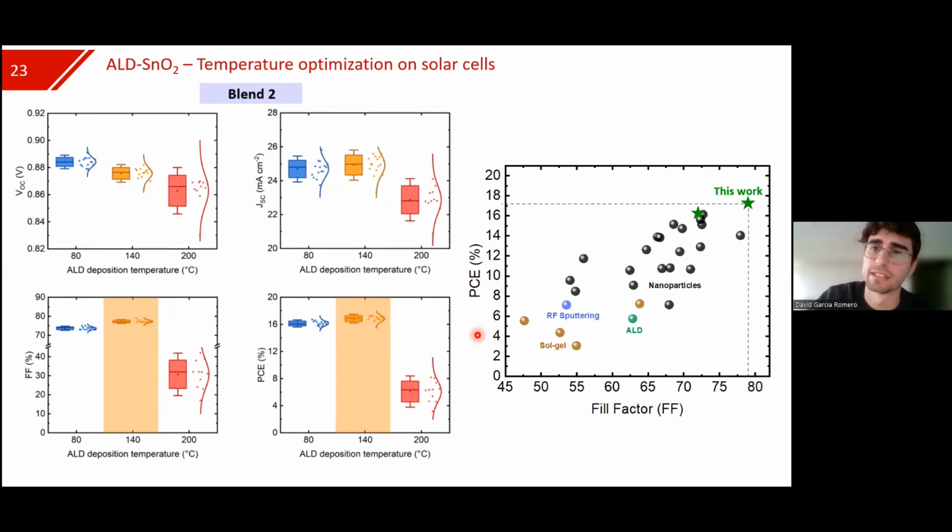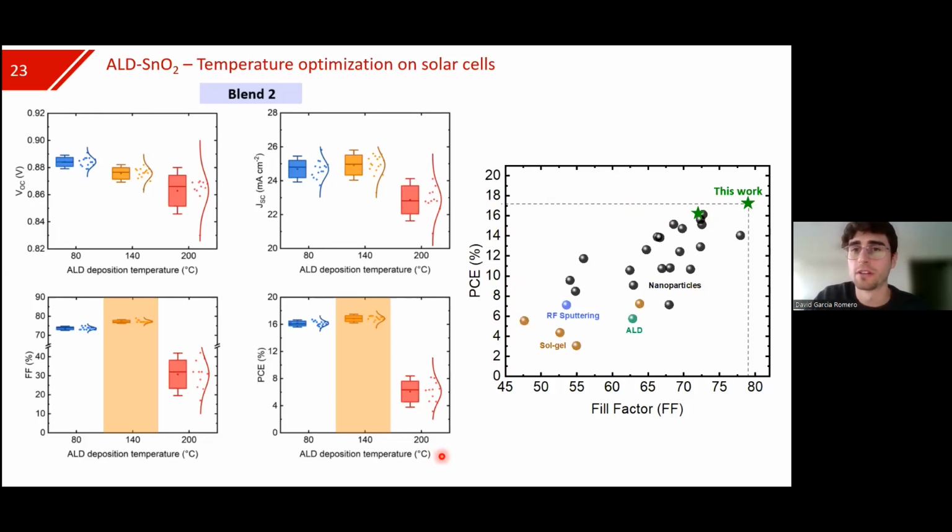In this case, let me plot it again with the graph that I was showing before. So we got a strong enhancement in fill factor. The high compactness and quality of this ALD tin oxide allows for this, with an interesting power conversion efficiency over 17%.